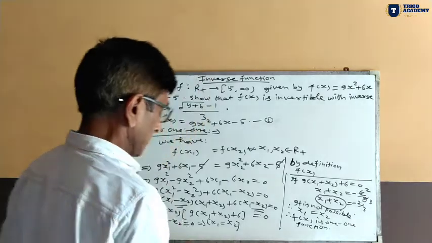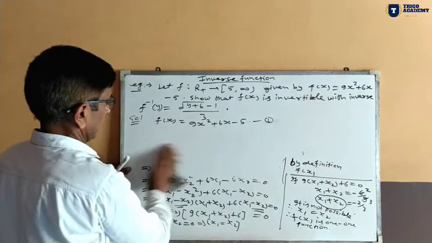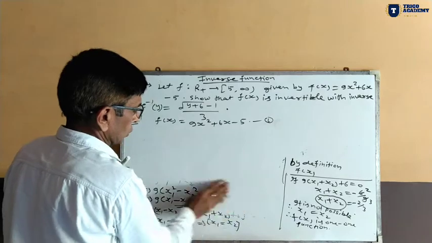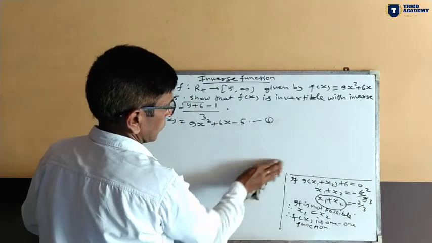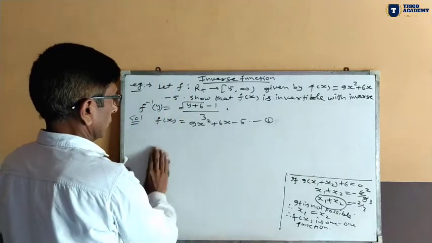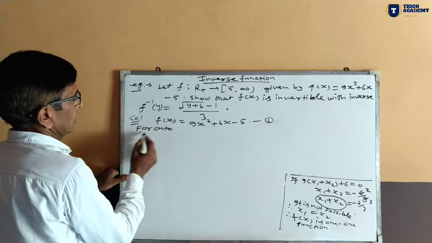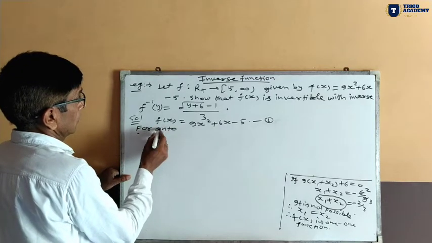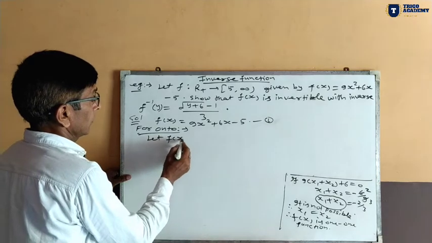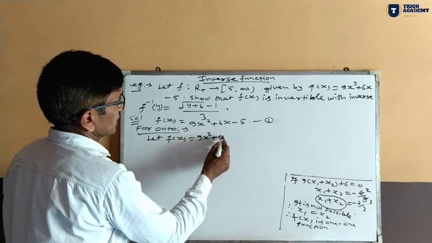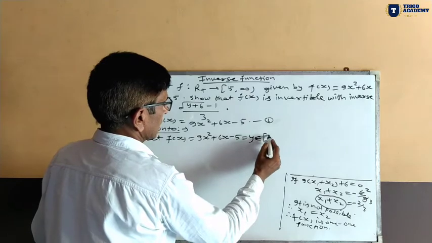Is it clear? After that, for onto, in this case we consider f(x) equal 9x square plus 6x minus 5 equal y, and this y lies in the closed open interval.